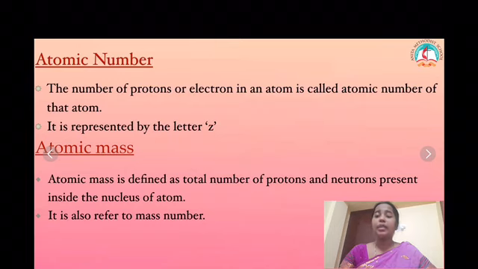This atomic number is represented by the letter Z. Atomic mass is defined as the total number of protons and neutrons present inside the nucleus of an atom. Atomic mass is also known as mass number.